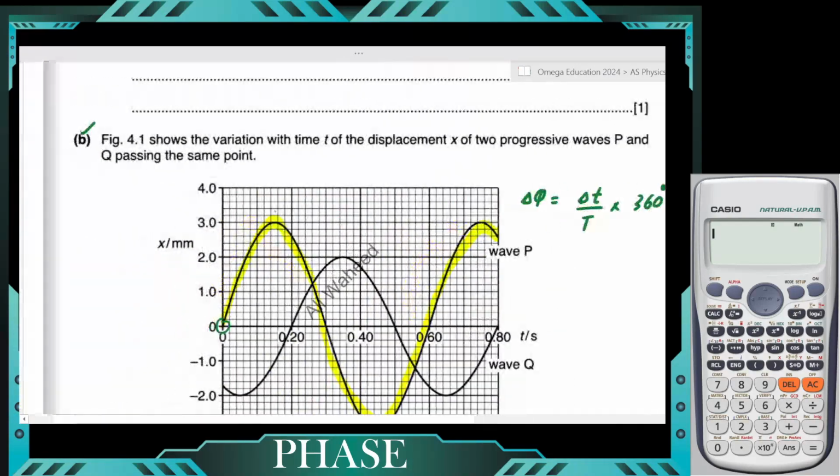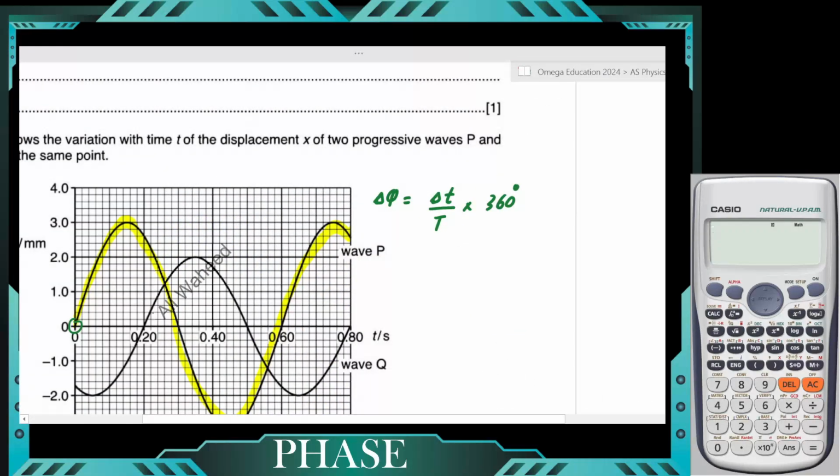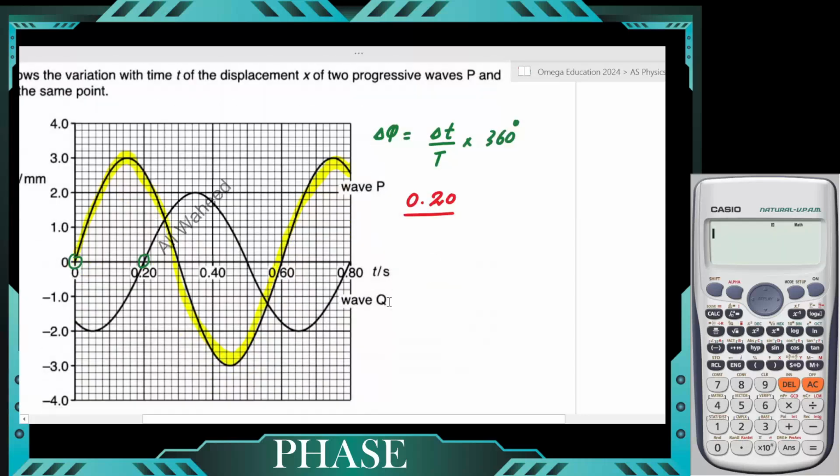You find delta t. So the difference in time between these 2 points would be 0.20, so I'll write 0.20 here, because that's the difference in time between these two, divided by capital T. Capital T is the time period of either of these two waves, because it would be the same for both of them.